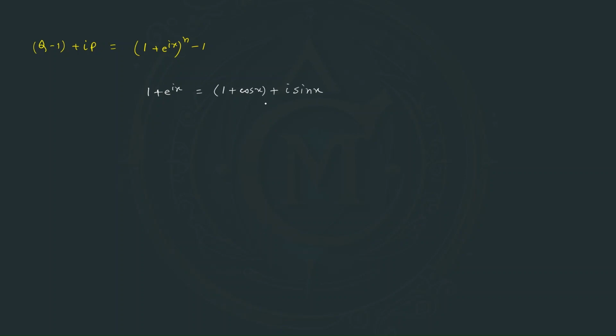Now this thing, 1 plus cos x, we can write as 2 cos square x by 2, plus iota times this sin x, we can write as 2 sin x by 2 cos x by 2. Now we can take this cos x by 2 and 2 common, so it will become 2 cos x by 2 times cos x by 2 plus iota times sin x by 2.